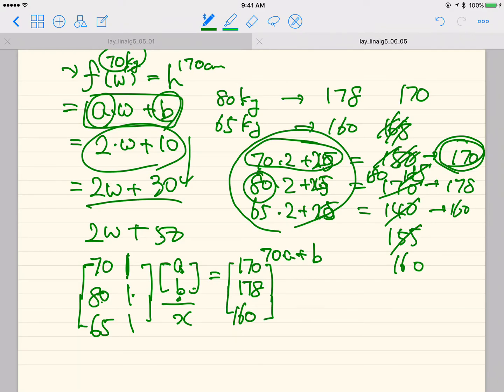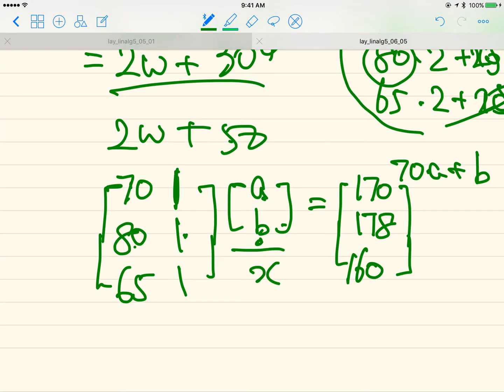Okay, so suddenly we are obtaining the linear system of Ax equals B, but can we obtain the exact solution? Can we make each equation exactly the same?